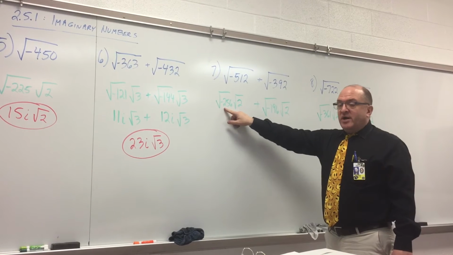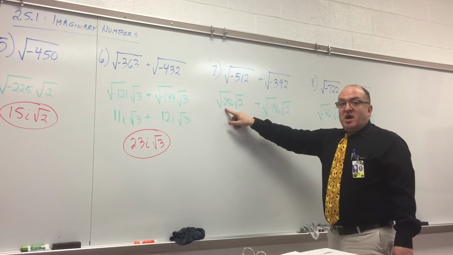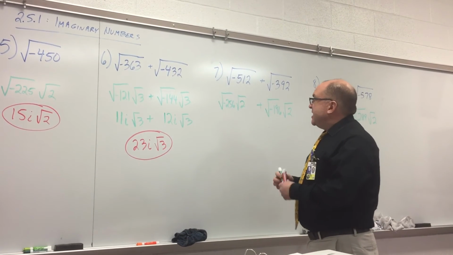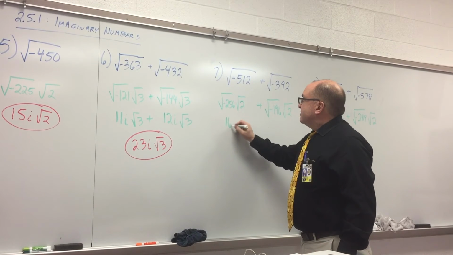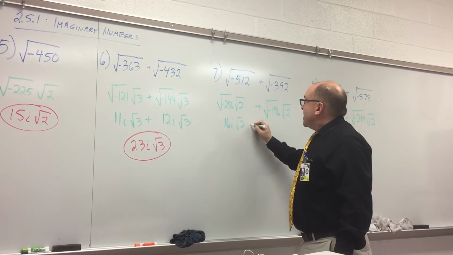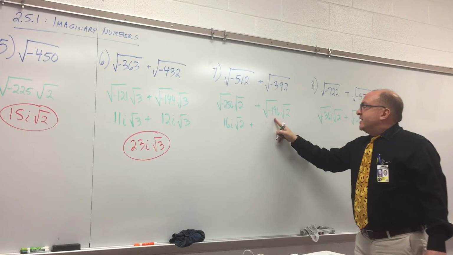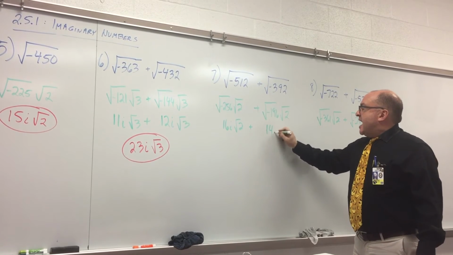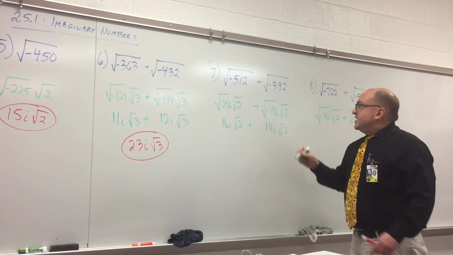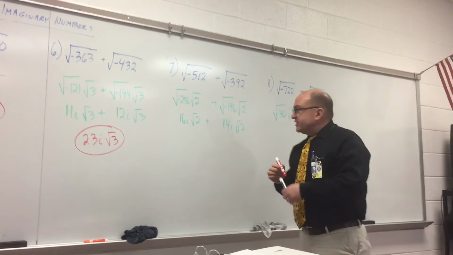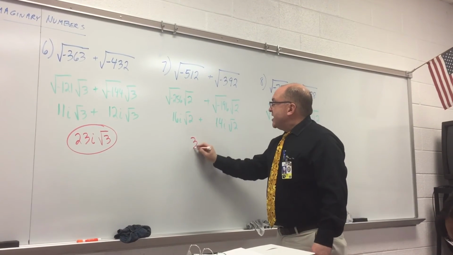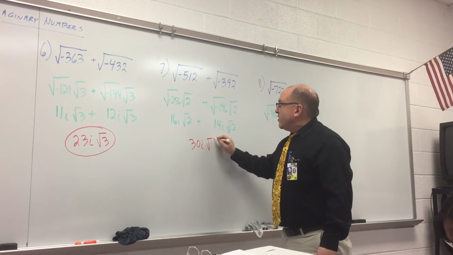Okay? That's how we write it. So this becomes 16i square root of 2. And this is 14i square root of 2. 16i plus 14i is 30i square root of 2.